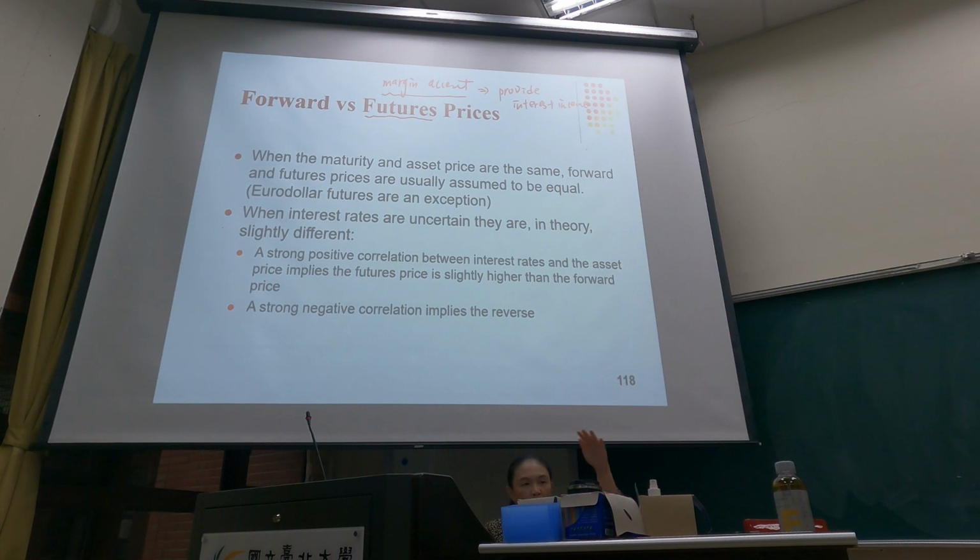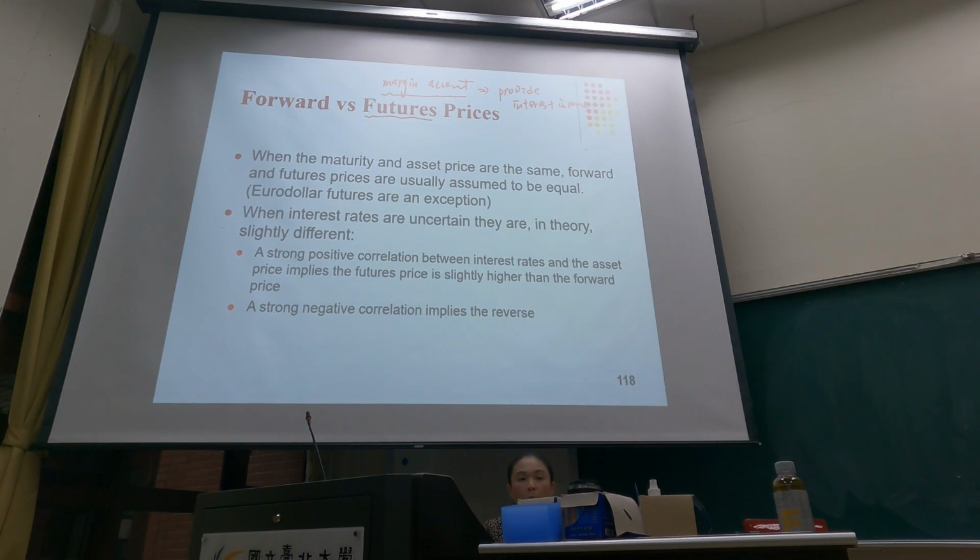When you have two contracts exactly the same, like they are all Microsoft futures or forward with 3 months, with the same exercise price, everything the same, except for one is forward, one is futures. Can you guys follow me? Okay, but because futures contracts are traded in the exchange, in your margin account, the money you put in for the initial margin and all the margin balance will get you interest rate payments every day.